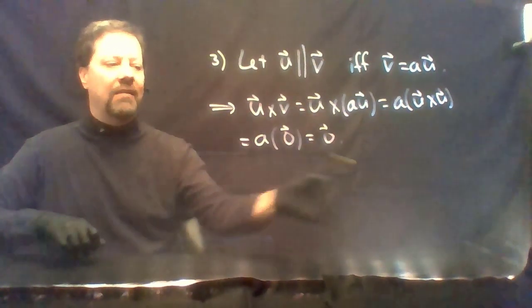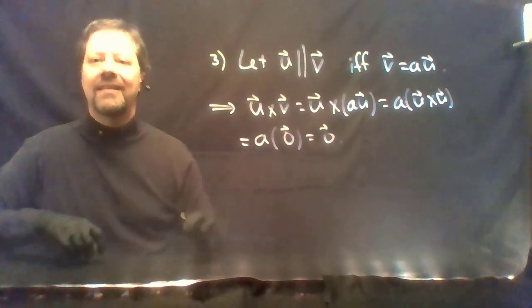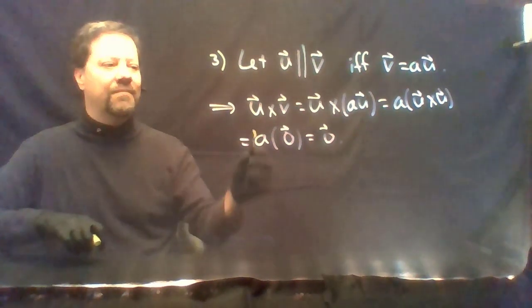So if they are parallel, then their cross product is the 0 vector.